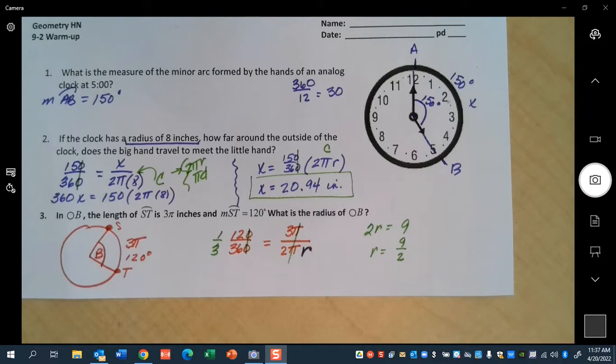When I look over here, this piece to this whole, if the length of arc ST is 3 pi, that's the part of my whole. My whole is 2 pi r. I'm going to cancel those pi's out. Everybody okay with that math? So that leaves me 3 over 2r is equal to 1/3.